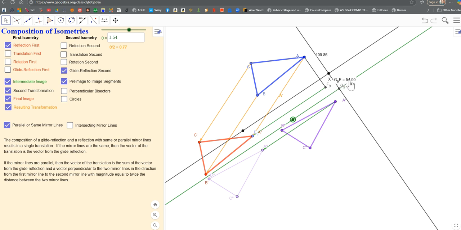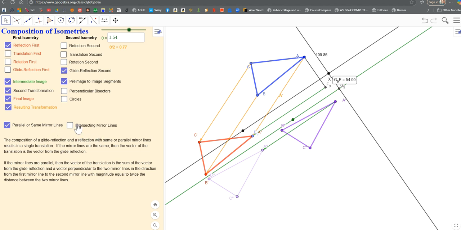If you double that, that's 110. That's right at 110 there. So if you look, this one is going to be twice the length of that distance. So you take the distance between the two lines, double that, that's going to be the component here, and this vector is the other component, and that gives you this vector here. So that's some interesting relationships there among those different pieces.